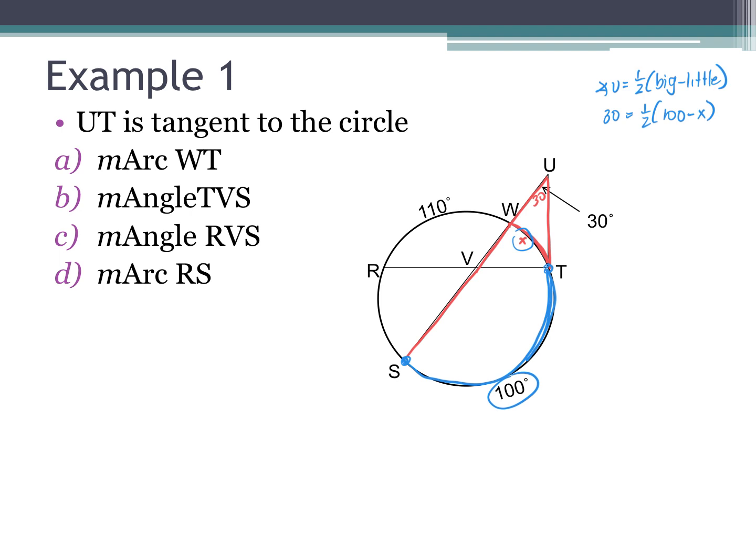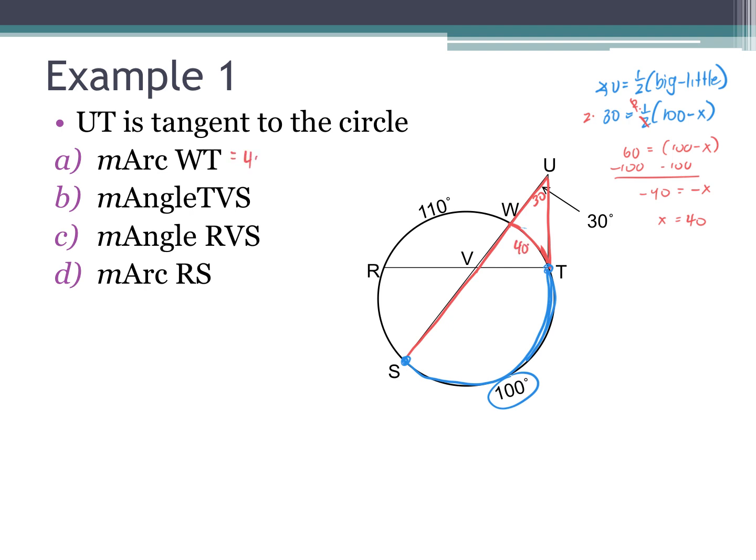First thing I'm going to do is multiply both sides by 2, because that's going to get rid of that fraction. I'm going to get 60 equals 100 minus X. When I subtract 100 from both sides, I get negative 40 equals negative X, which means X is positive 40. So I know that this little X right here, this arc, is 40 degrees.